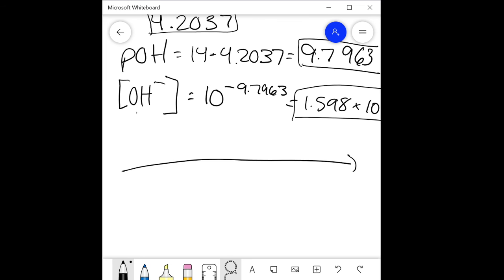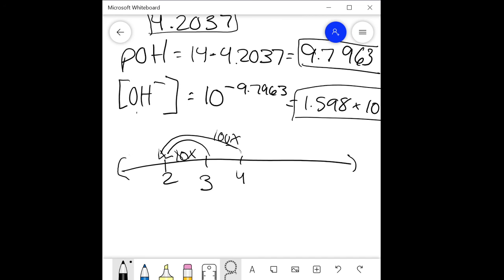So if we go back to our scale, say we're at 2 and we go to 3, it's 10 times as strong going this way, 10 times as strong when you go from 3 to 2. So say you're going from 4 to 2, that would be 100 times as strong, because we're working with log base 10. So that's just something to keep in mind.